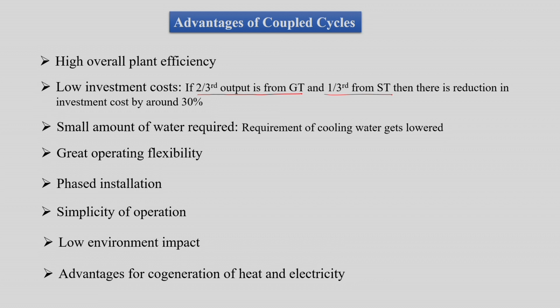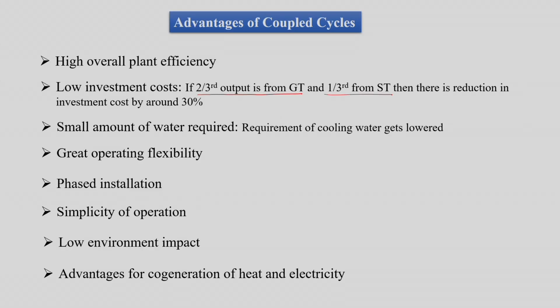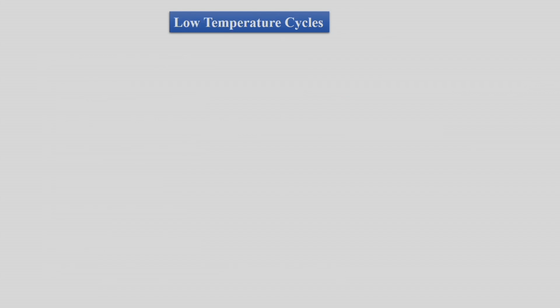We further have the advantages of cogeneration of heat and electricity. We can use it in the case where we have two cycles and one cycle is losing heat, or we can have usage like cogeneration, where water or steam is a source of high temperature. Such are the advantages of coupled cycles.